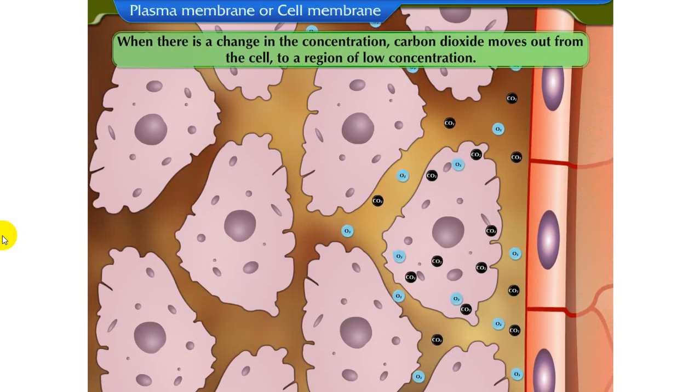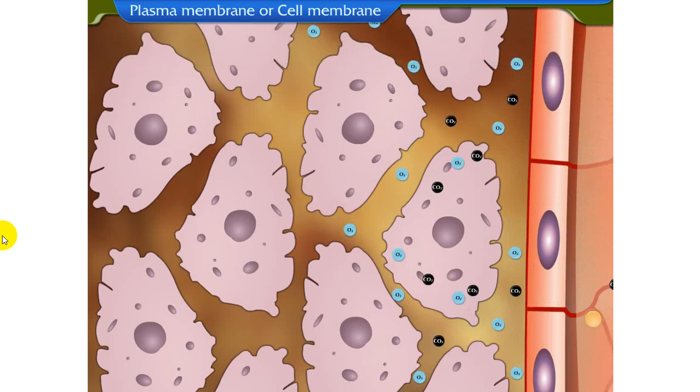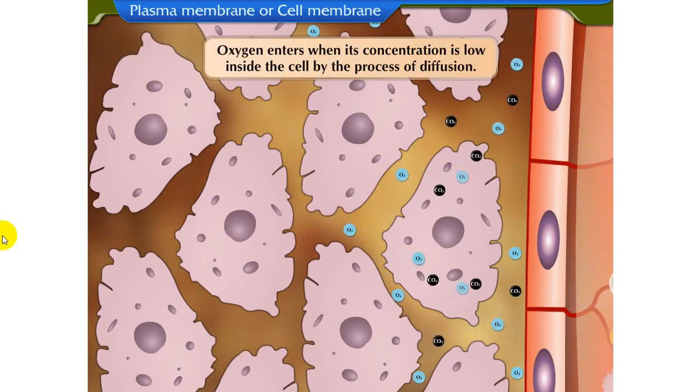When there is a change in the concentration, carbon dioxide moves out from the cell to a region of lower concentration. Similarly, oxygen too enters inside the cell by the process of diffusion when the concentration of oxygen is low inside the cell.